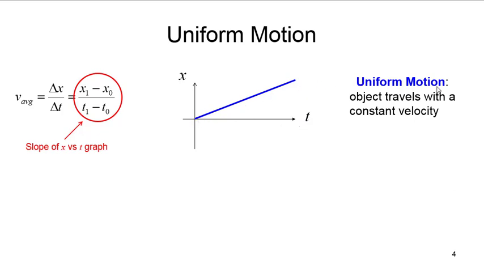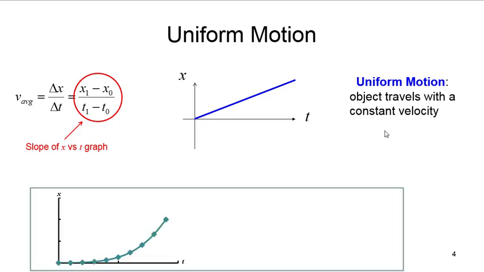That's the key for uniform motion. Another way to think about it is we could say the object doesn't slow down, it doesn't speed up, it's just traveling at that constant velocity. It doesn't turn around, it's just maintaining a constant velocity. The acceleration is zero, it has a constant velocity. All of those things I just said are properties of uniform motion, but I think this is the simplest definition here.